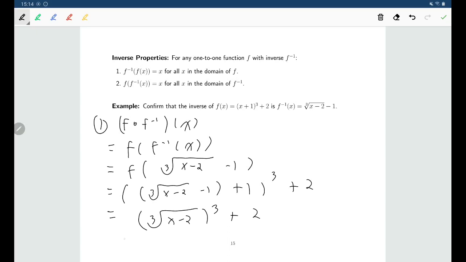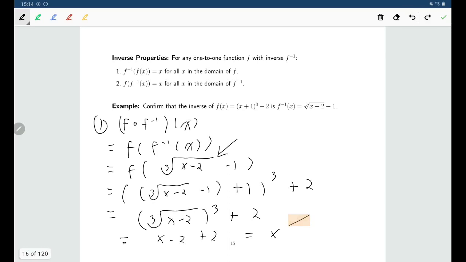And the cube root and the cube undo each other, and the -2 and the +2 cancel each other out. And there we go, we are equal to x. So for any x that's in the domain of f inverse, any x that you can put into this function will give you x as the output.